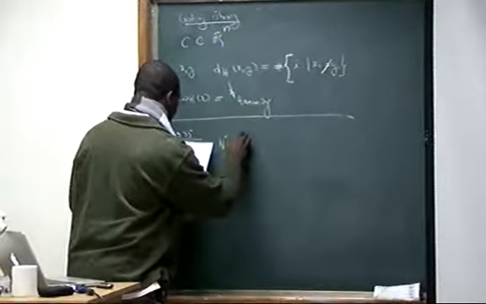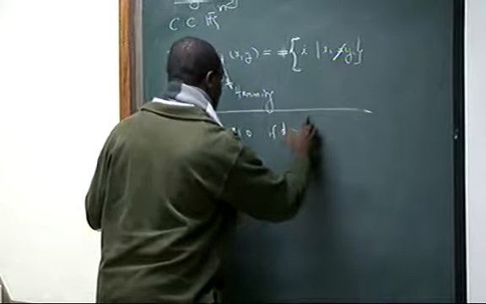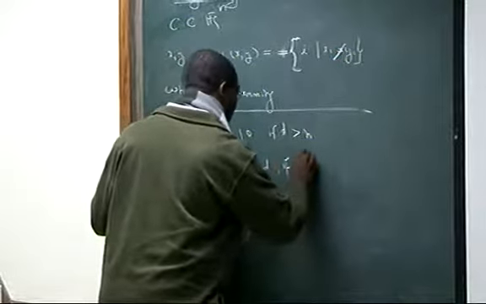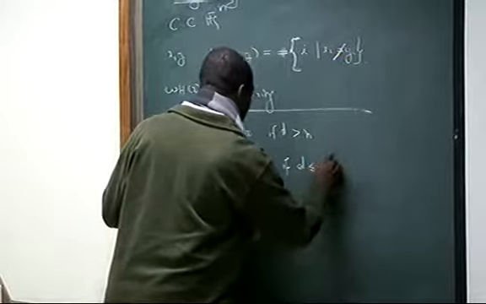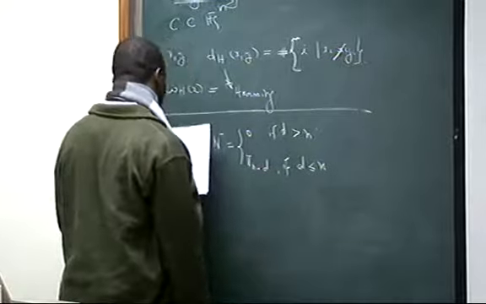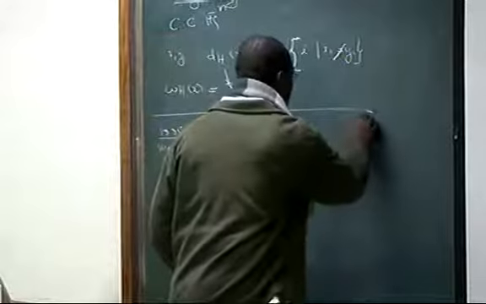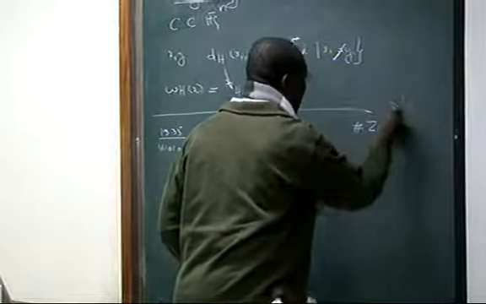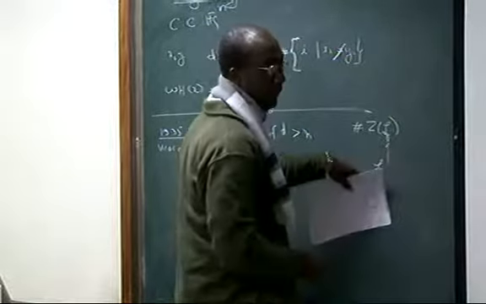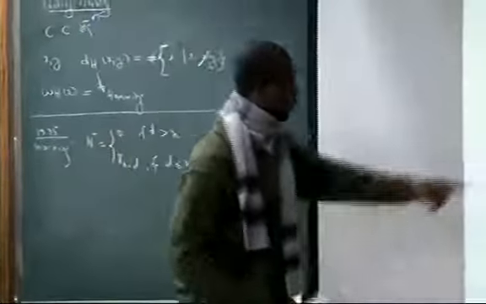It equals 0 if d is greater than n, and equals p_{n-d} if d is less than n. Sorry, this is the lower bound for what? The number of points of a hypersurface of degree d. And p_n is the expression of p here.